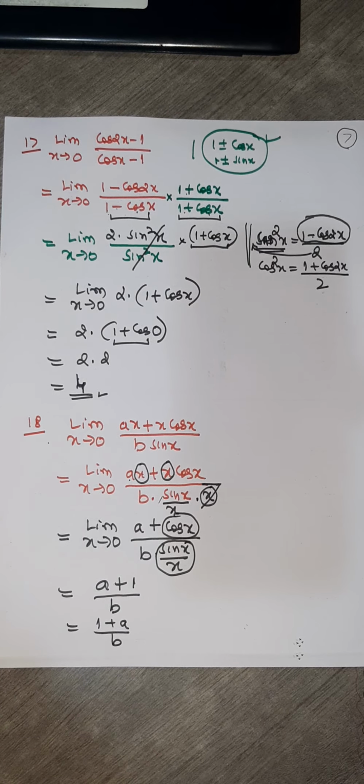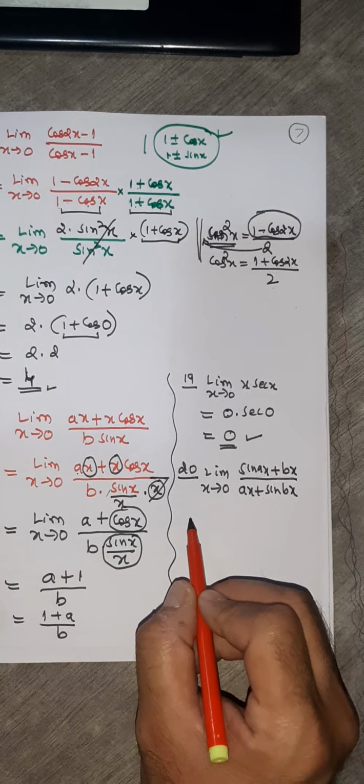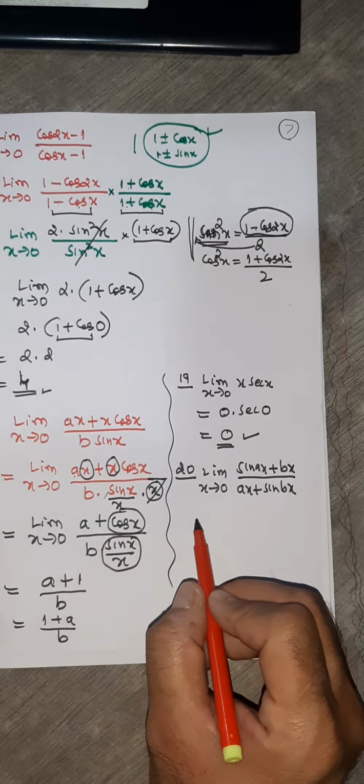20th question. Limit x tends to 0 here, sine ax plus bx upon ax plus sine bx. Again, sine bx is there. So what we need to do now? You must have realized after doing so many, 19 questions, what we do here: we set the formula. Which formula? Sine x upon x.